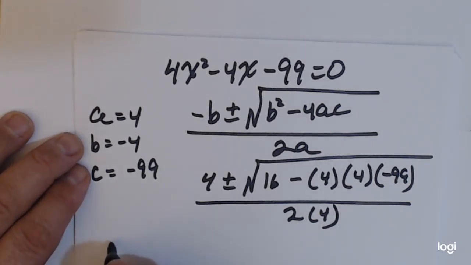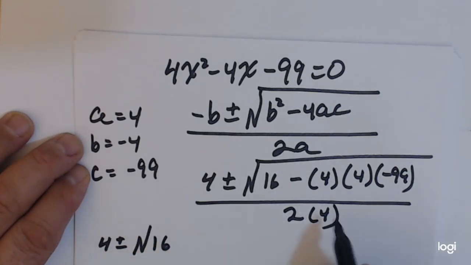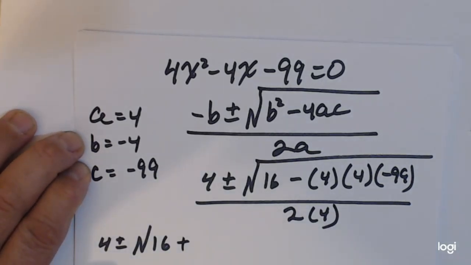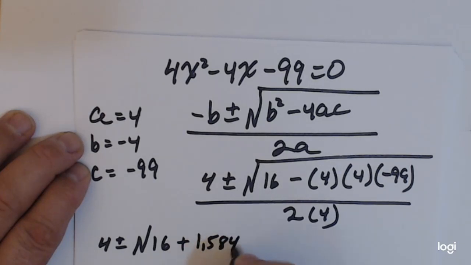So we've got 4 plus or minus the square root of 16. And then we're going to have minus and minus, so it is going to be a plus. 1,584 all over 8.